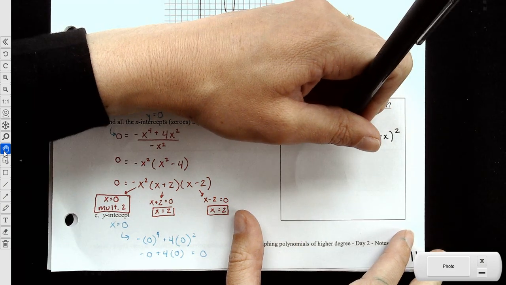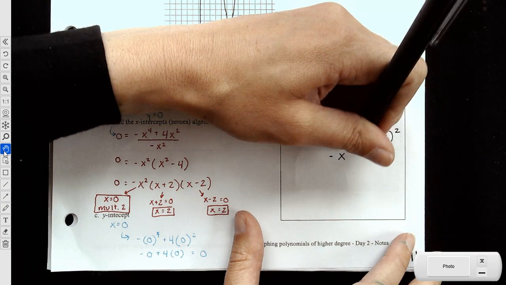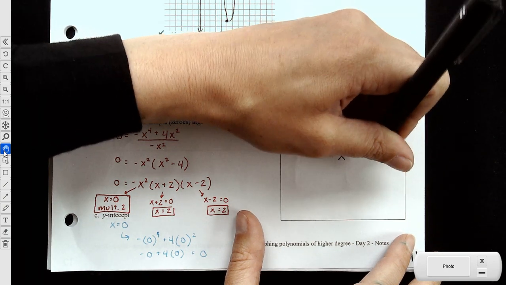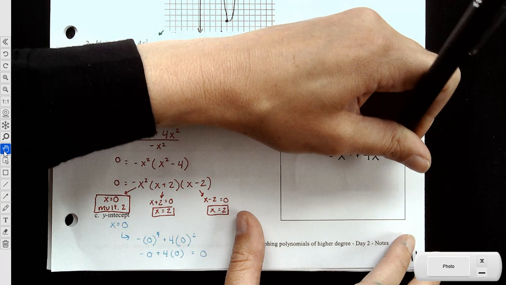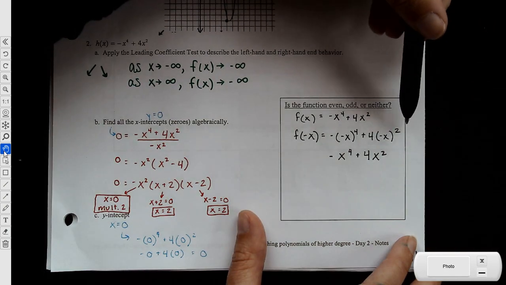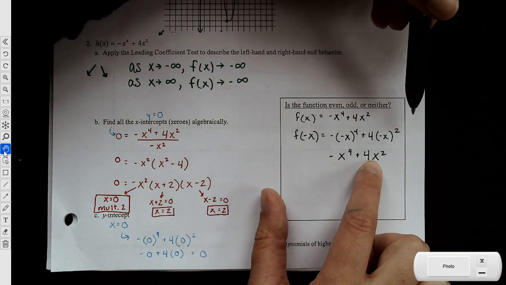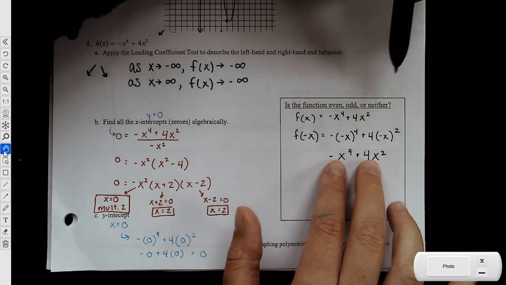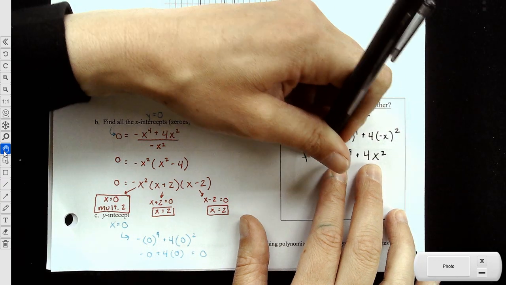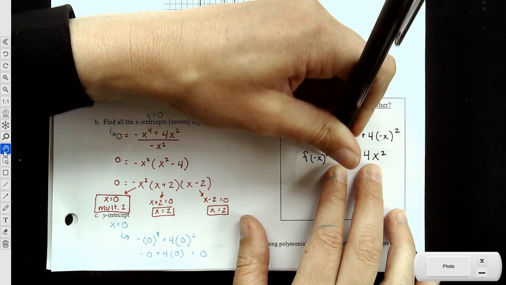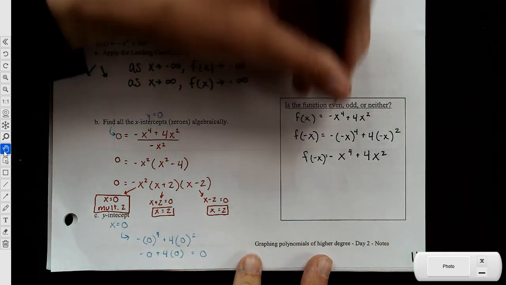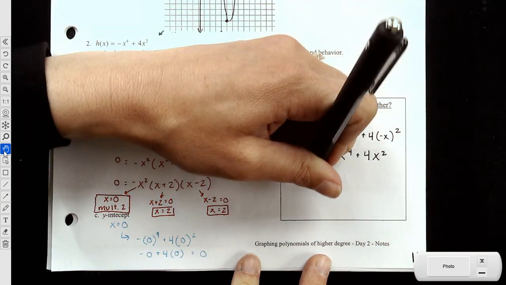This negative stays, so it's negative x to the fourth plus 4 times x squared. Because remember, negative x to an even power is still positive. So notice this is the same as f of x. So since f of negative x equals f of x, that makes this even.